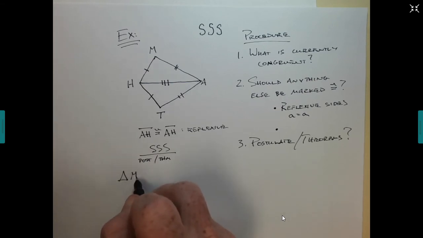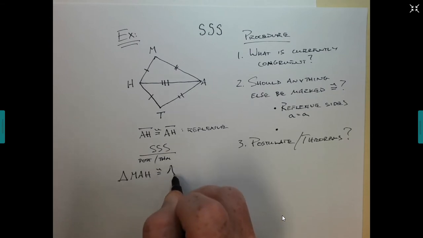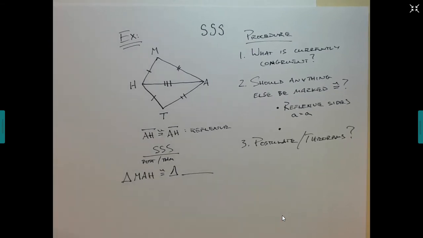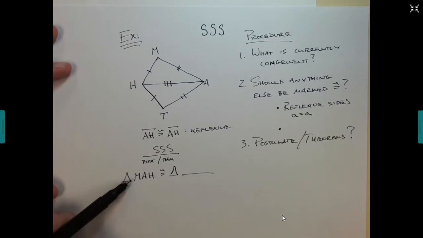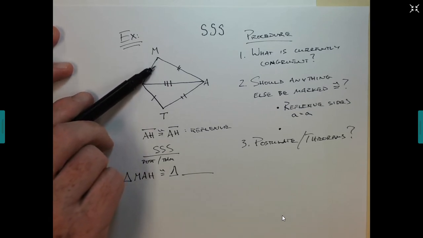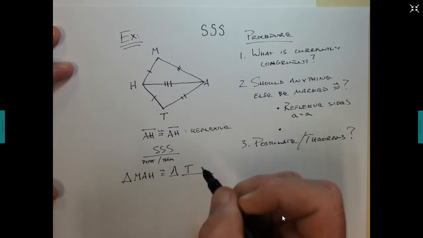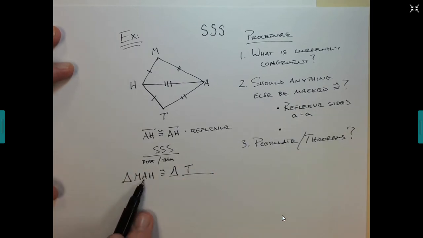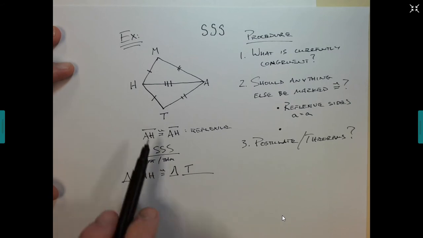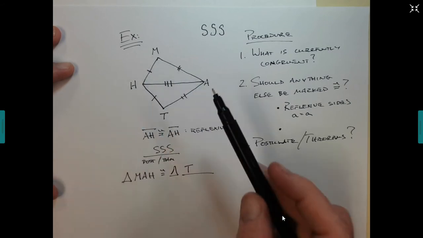So if they said triangle MAH is congruent to triangle what? Make sure you're very careful how you label the other triangle, because the right pieces need to match up. If they started with M, that means we need to start with T. If they go to A, they go along this side to A, they went past the side with 2 marks.